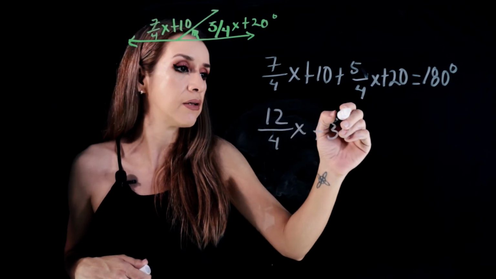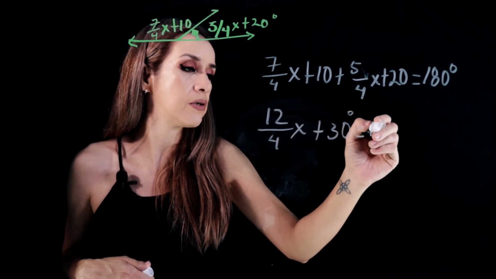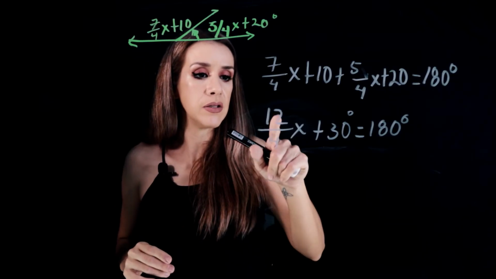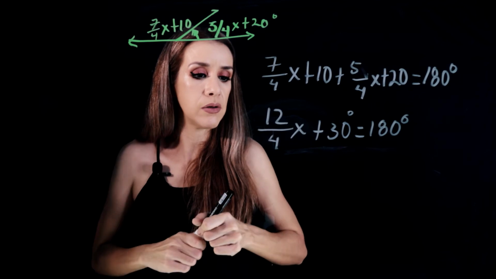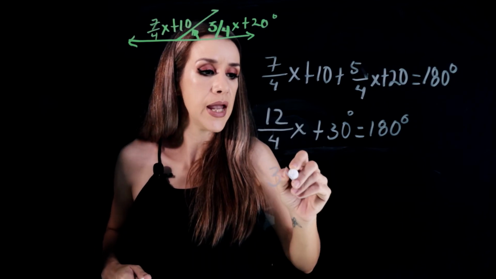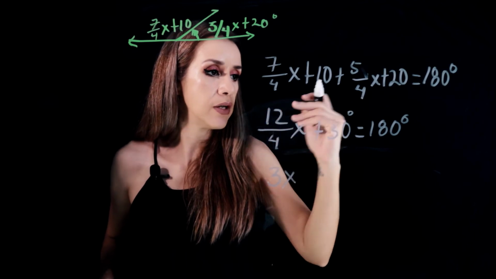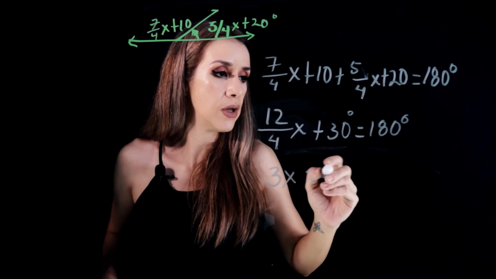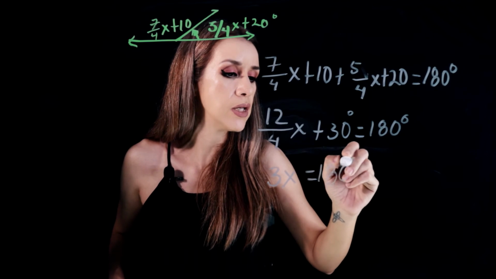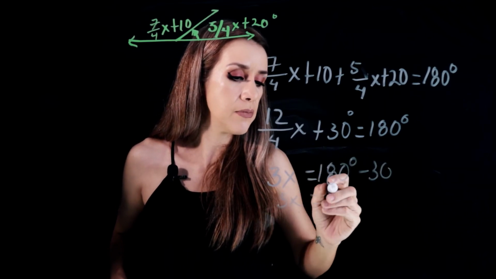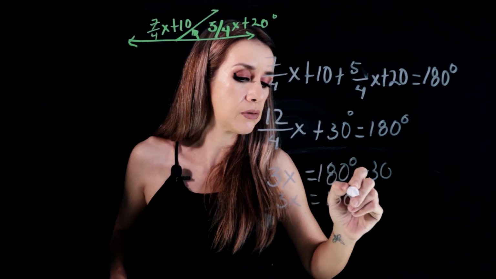And on the other side of the equation, I have 180 degrees. I can divide this 12 by this 4, and the result is 3x. I'm going to move this 30 from the left side to the right side, so I'm going to have 180 degrees minus 30, which is the same as 150 degrees.